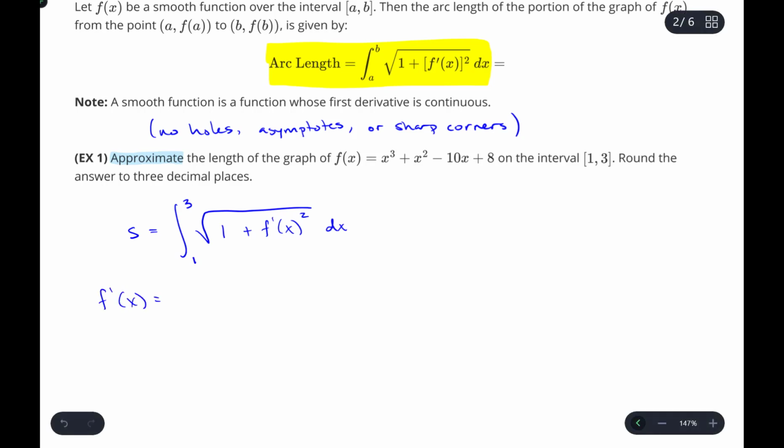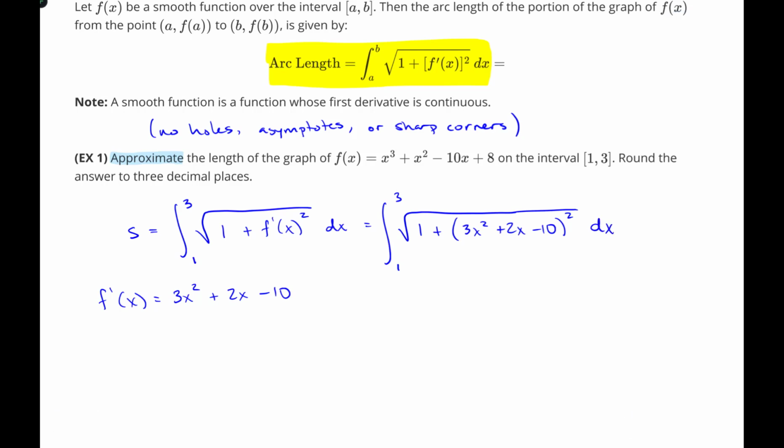The first derivative of this function would be 3x squared plus 2x minus 10. And that would go into this arc length formula. So the integral from 1 to 3, the square root of 1 plus 3x squared plus 2x minus 10 quantity squared dx.